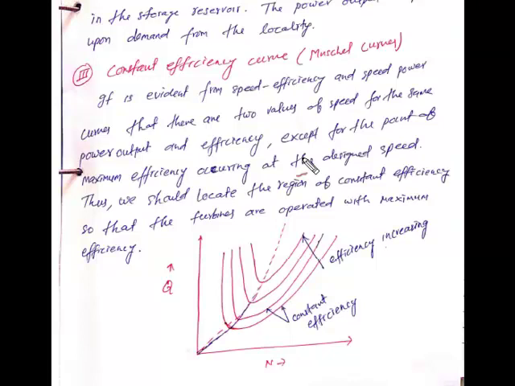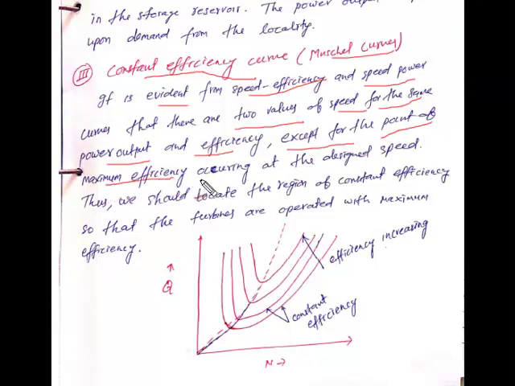This is the third characteristic. The constant efficiency curve is also known as the Muschel curve. It is evident from speed efficiency and speed power curves that there are two values of speed for the same power output and efficiency, except for the point of maximum efficiency occurring at the designed speed.